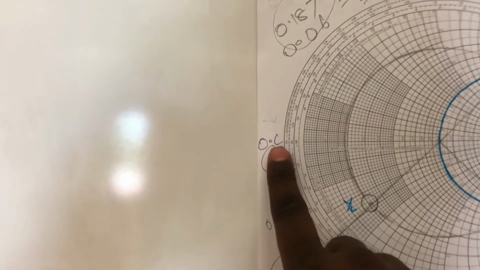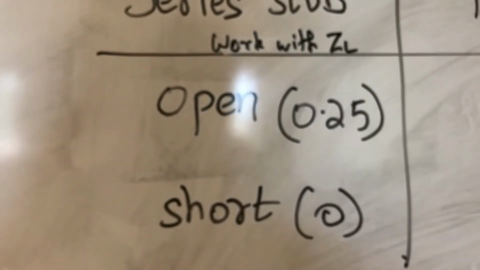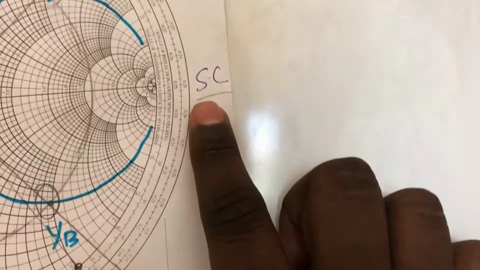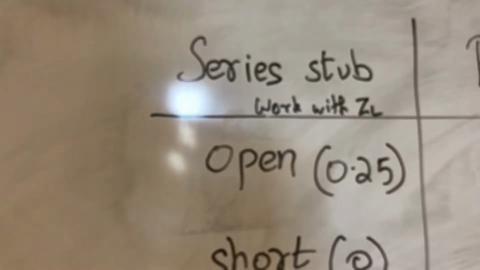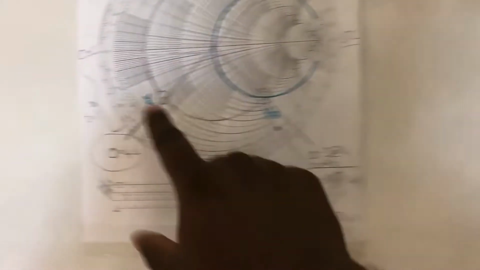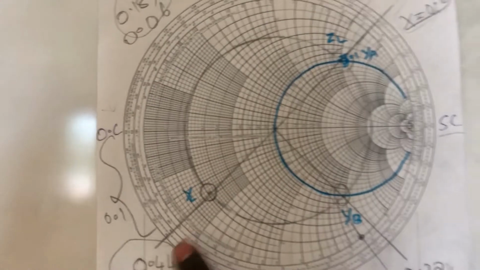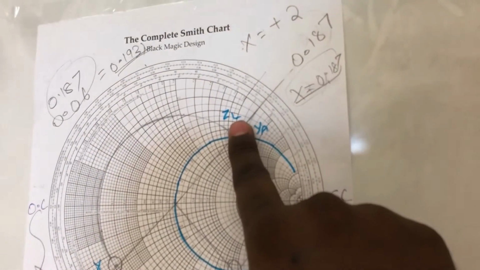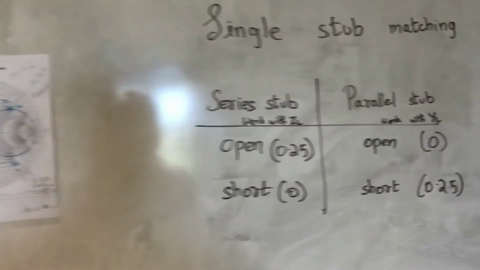This is not open circuit anymore, this is actually the short circuit. This 0.0 here becomes short circuit for series, and 0.25 becomes open. So we have to change this, and the only other change is we have to change YL with ZL. So instead of calculating the distance from YL to the two solutions, we will be calculating it from ZL. That's the only difference we have to make for a single stub matching if it's series.